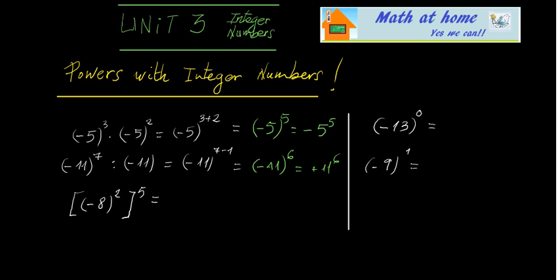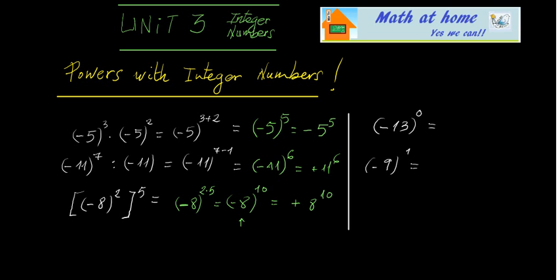What if you have the power of a power? You know that you multiply the exponents. So it is minus 8, and then you multiply the exponents, so it's minus 8 to the power of 10, because when the base is negative but the exponent is even, the result is going to be positive.